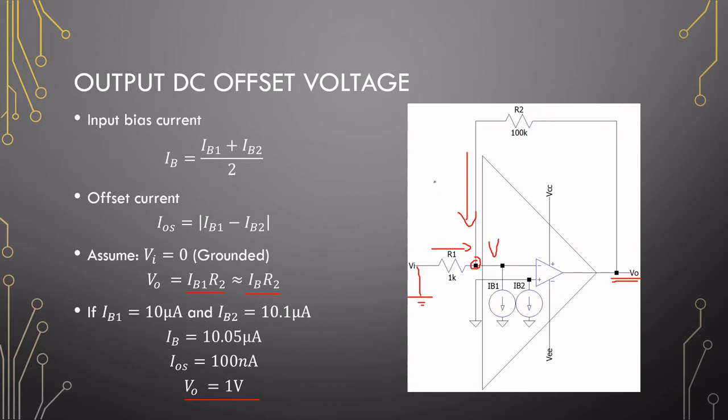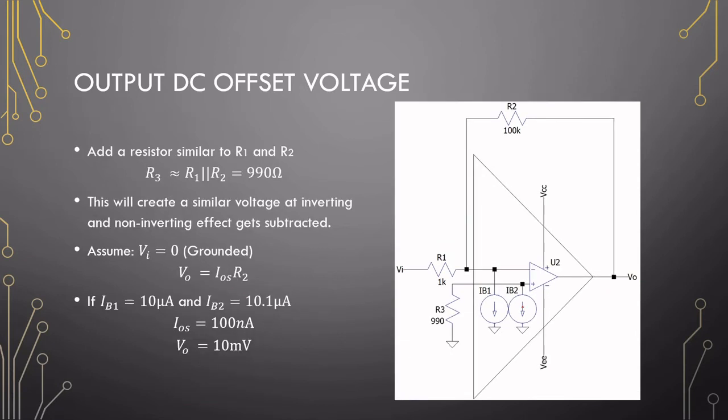Now, how do we counter this effect right here? Since this is causing a voltage, if we utilize the second current source right here and also apply a resistor to it, we can create similar voltages at the two inputs and have them subtracted.